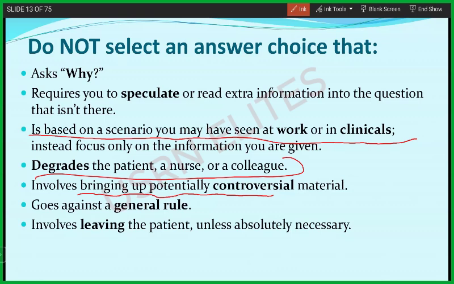Especially in select-all-that-apply questions, it will be better to score 0 by leaving it than to score -1 by attempting it. If it's true, you get your plus. But if it's not true, you get your -1. Sometimes 0 is better than -1. I hope you are all aware.